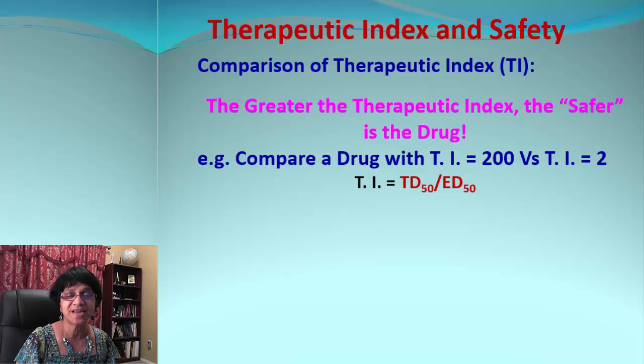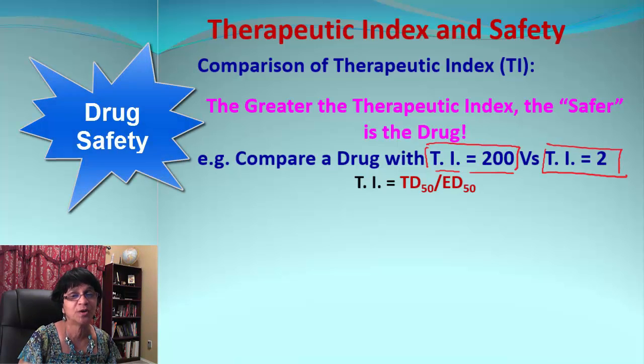Let's try to understand this concept a little bit more. Let's compare two drugs, one with a therapeutic index of 200 and another one with a therapeutic index of 2. Which one will be more dangerous and which one will be safer?